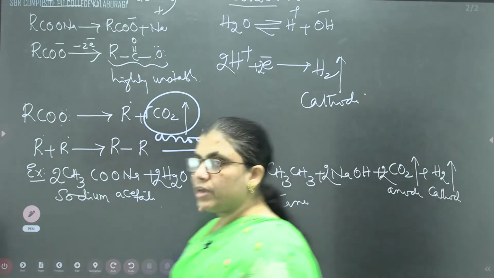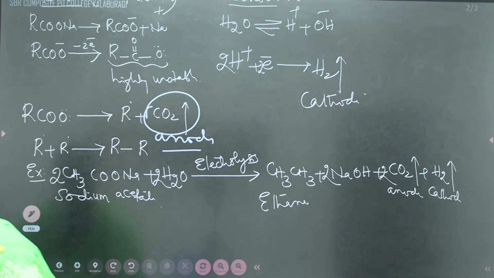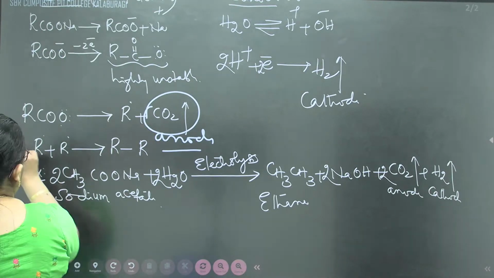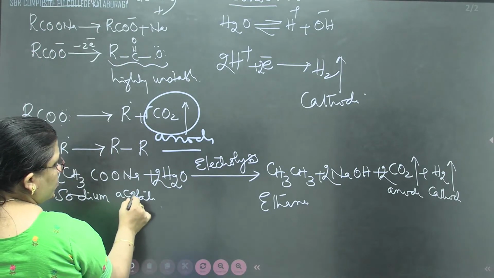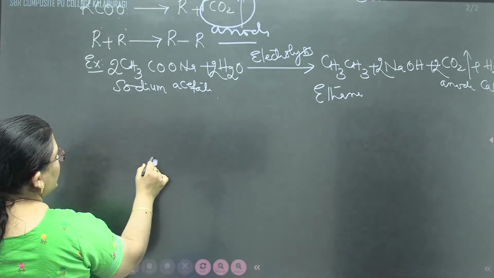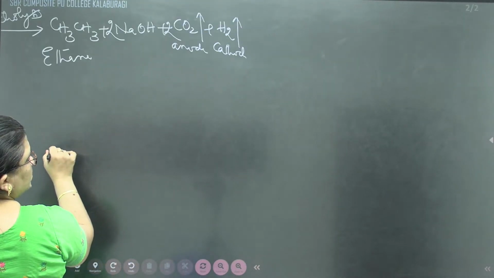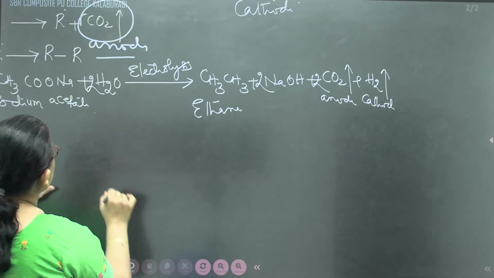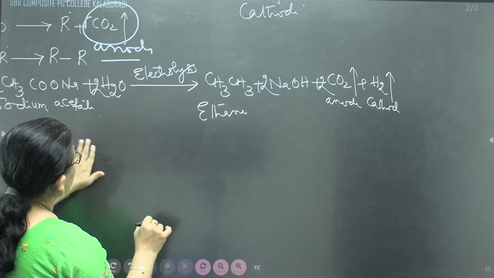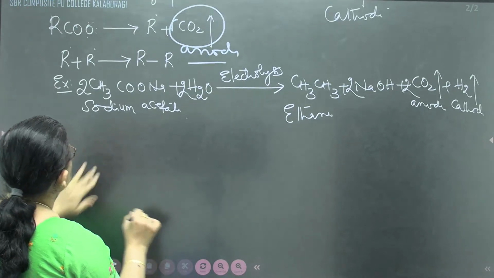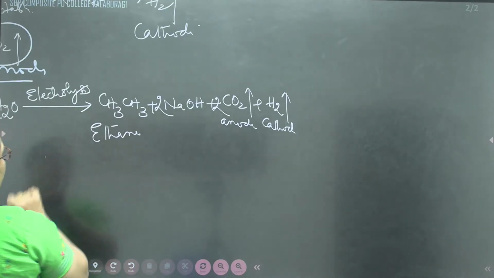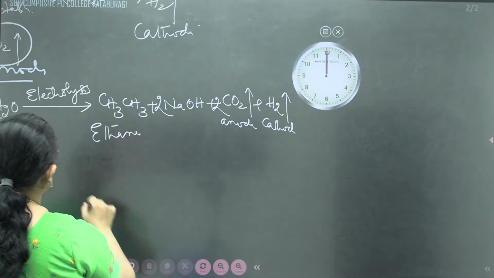So here we are going to take it with respect to sodium acetate. That is Kolbe's electrolysis. The product will be ethane. Product will be what, children? Ethane.